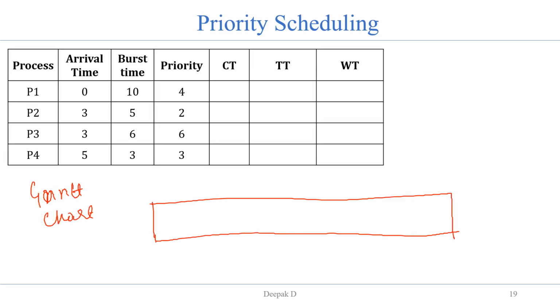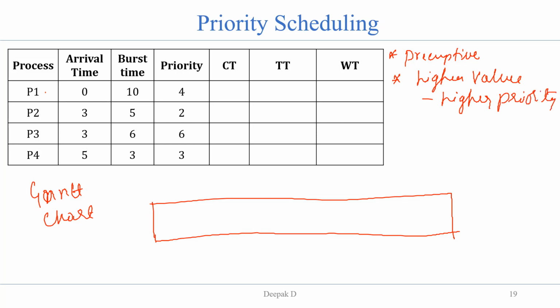You can see here at the 0th second only one process has arrived, that is P1, and as you know it is the preemptive method that we need to consider while solving this problem, and also the higher the priority value, the higher the priority.